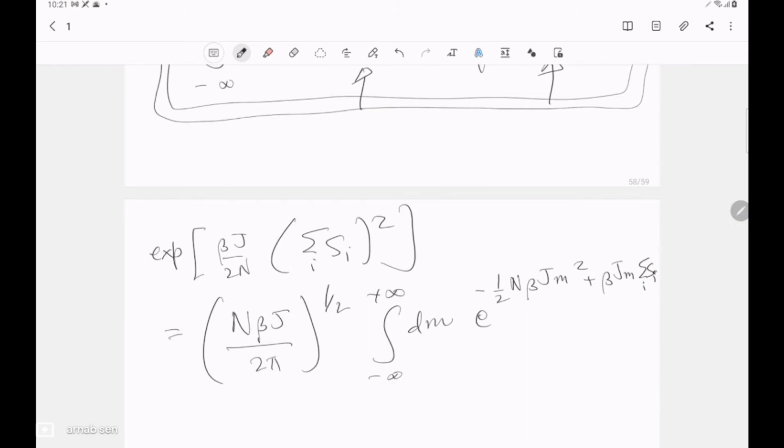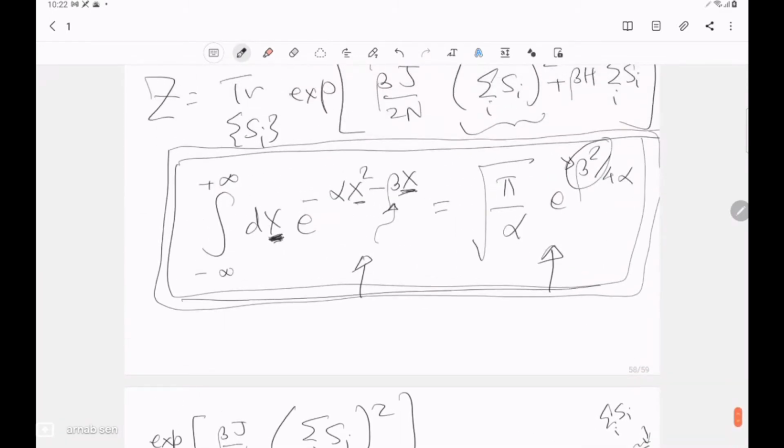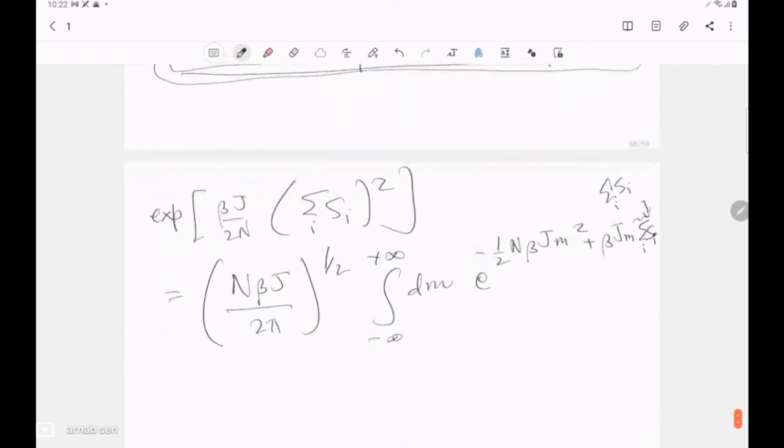Okay, this is the full thing. So this guy is, sorry, let me write it clearly. This guy is, okay, this guy. So I'm not using anything more than this standard result of Gaussian integration. This is the extra field that I have introduced in the problem.